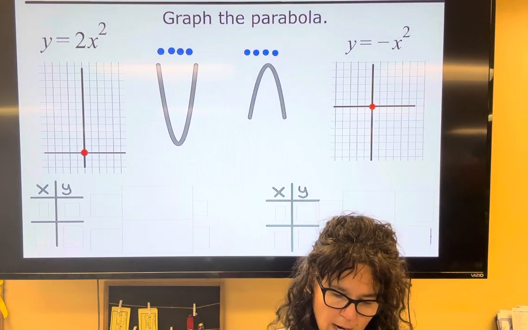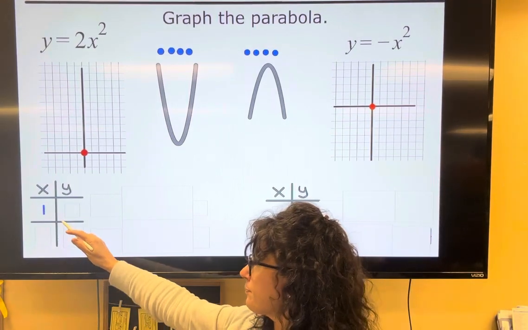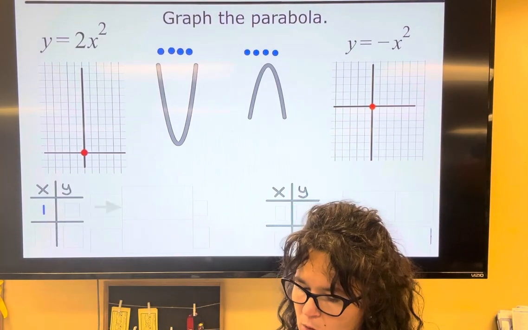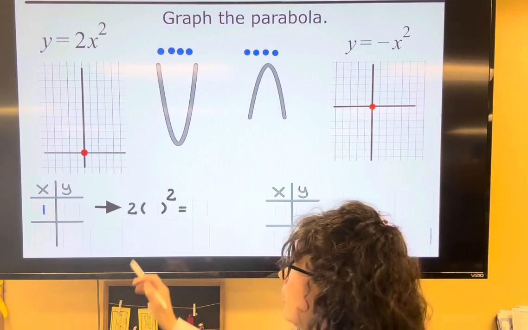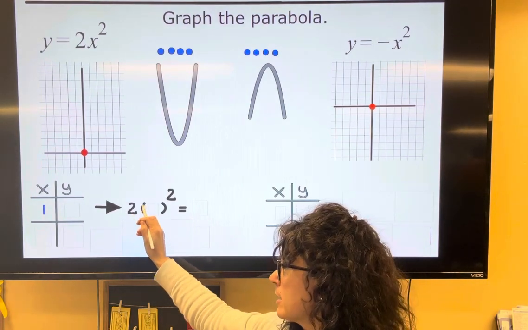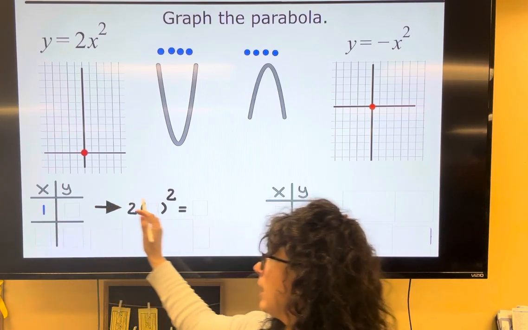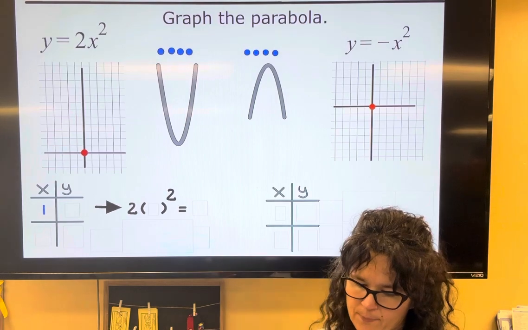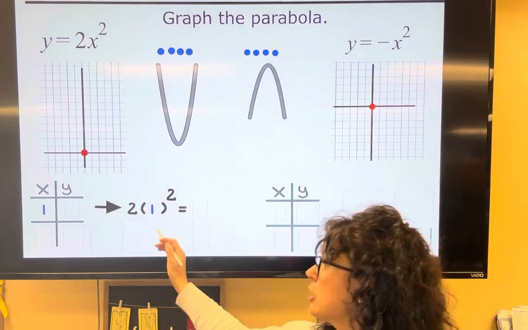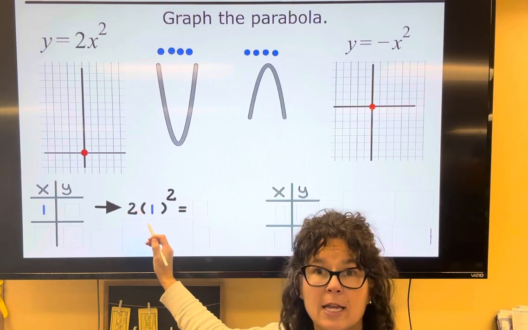So if this is at 0, 0, picking numbers really close to 0, let's go ahead and maybe pick 1. So if I select 1, then I'm going to come over here, and in my original equation, 2x squared, notice I put a set of parentheses where the x used to be, and then let's take that 1 and put it right there. Order of operations dictates that we're going to do the exponents first and then the multiplication.